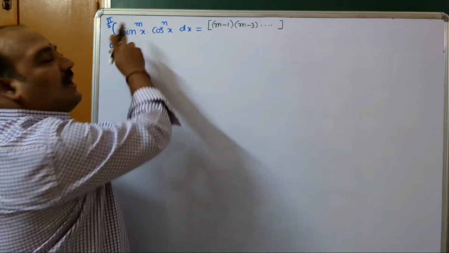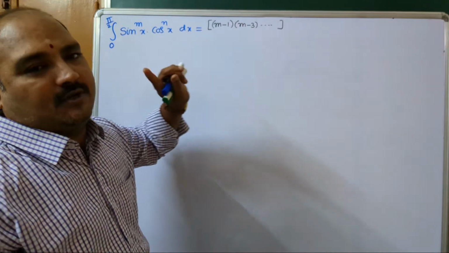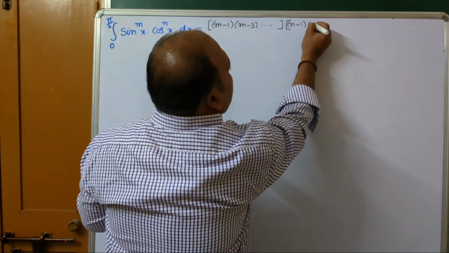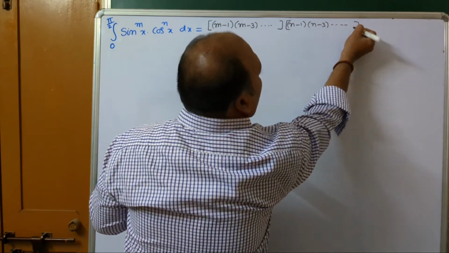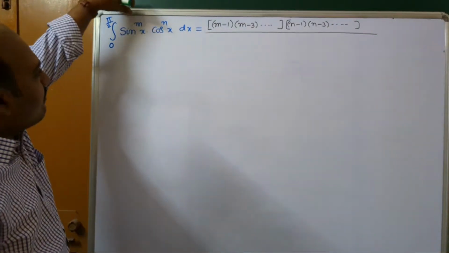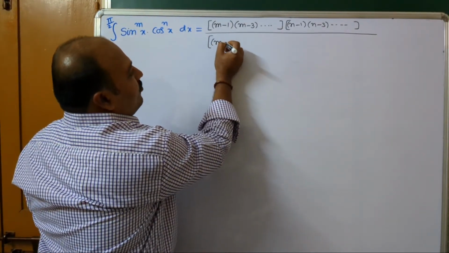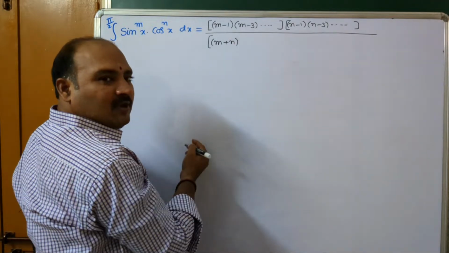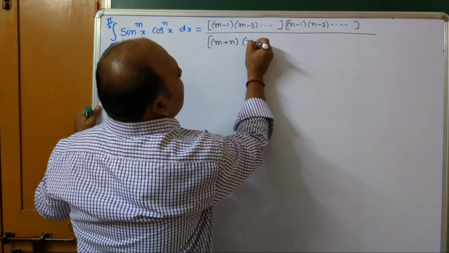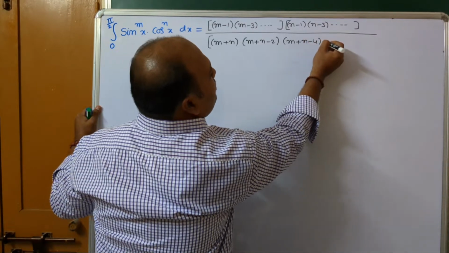Suppose for example it is 3. 3 minus 1. 3 minus 3 we cannot write, dear students. Till there only you can write it. Next come to n also: n minus 1, n minus 3, n minus 5 and so on. After that, divided by the sum of powers of these two, m plus n. First m plus n. Next 2 you can subtract: m plus n minus 2, m plus n minus 4 and so on.